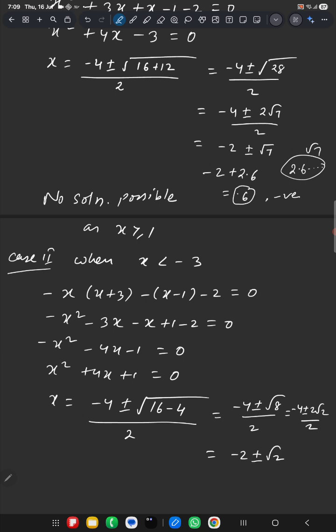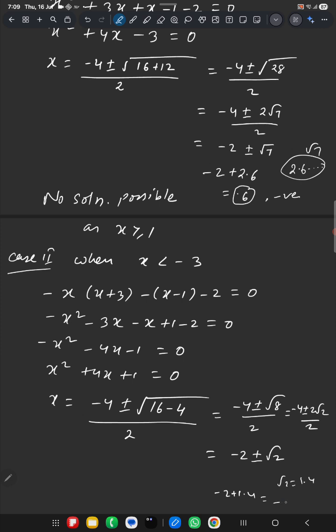So here our range is what? x is less than minus 3. Let us see which values are possible that are less than minus 3. Root 2 is 1.414. If you put minus 2 plus 1.4, what you will get?